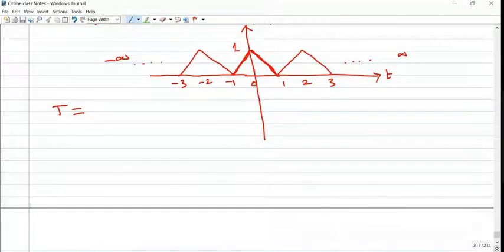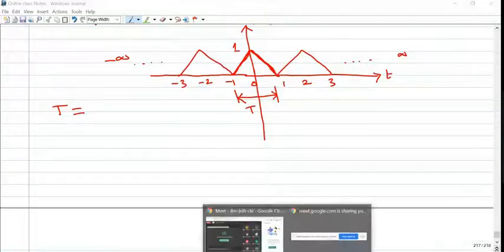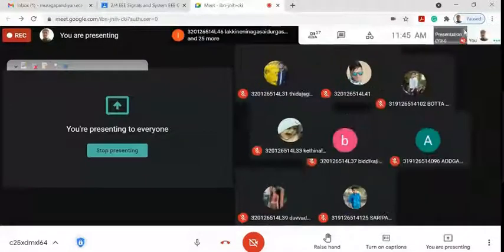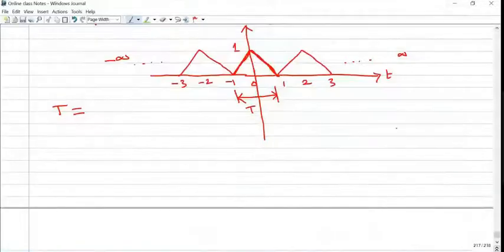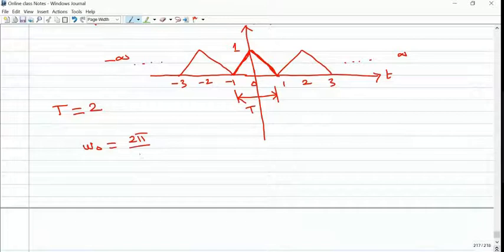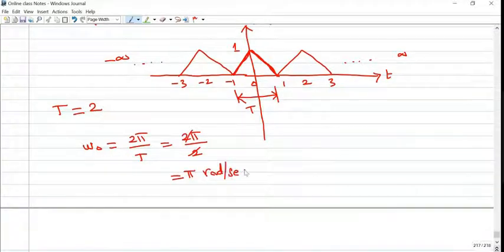This portion I'm going to consider as the fundamental time period. So T equal to 2. The omega naught formula is 2 pi by T, so 2 pi by 2, the 2s cancel, pi radian per second. So the fundamental time period is completed.